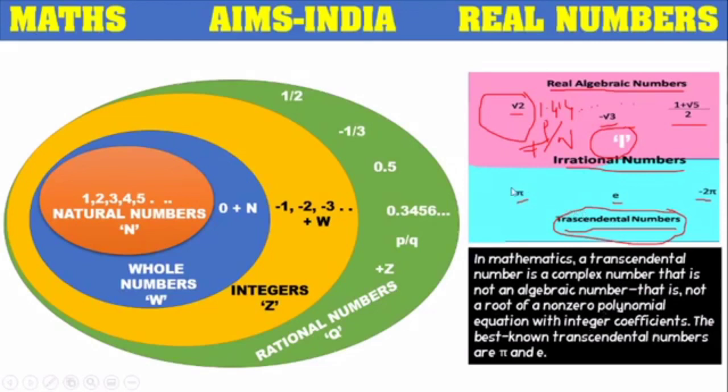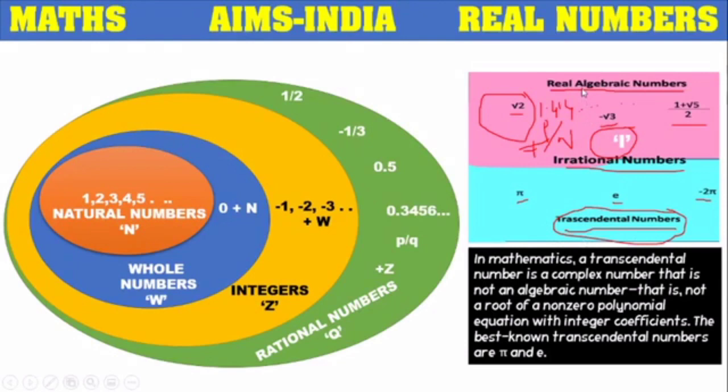So this pi will never be the solution of any algebraic equation. It won't be the root of any equation. That kind of numbers are known as transcendental numbers.